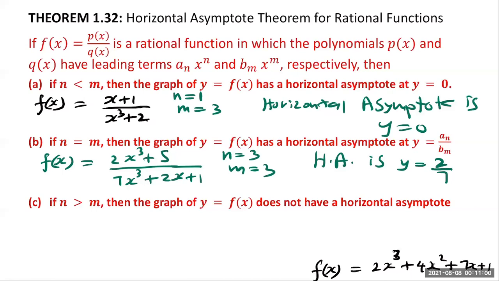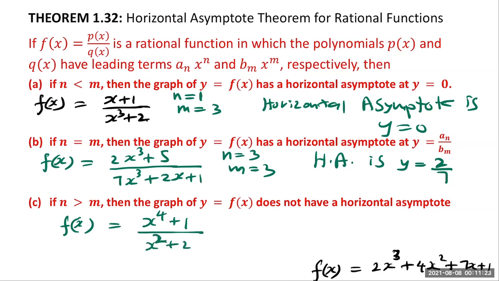And the last part: if the degree of the top polynomial is bigger than the degree of the bottom polynomial, then my function f of x does not have a horizontal asymptote. Here is an example. Let's say your f of x is x to the power 4 plus 1 divided by x squared plus 2.